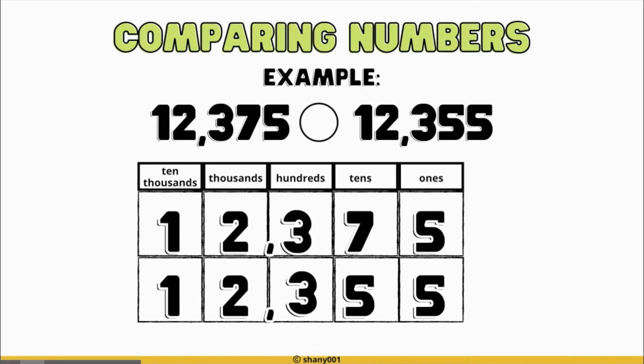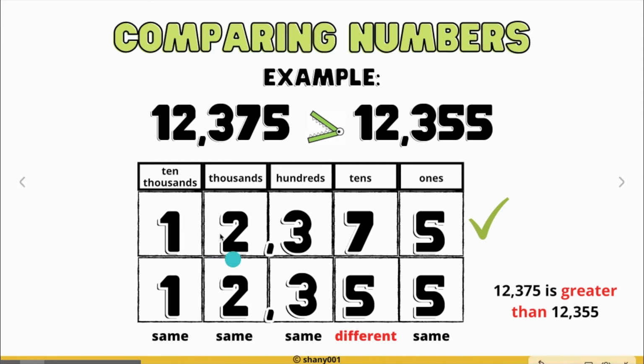Once you plugged the numbers, a good strategy is starting with the ones. So we have the 5s, then we have the 7 and 5, the 3 and 3, the 2 and 2, and the 1 and 1. Now, as you're comparing, make sure to compare the numbers starting from the left.